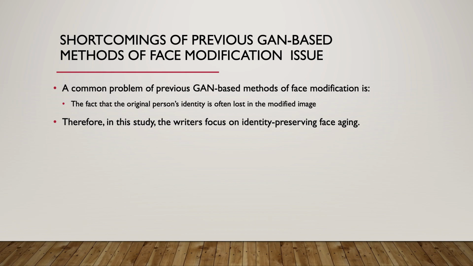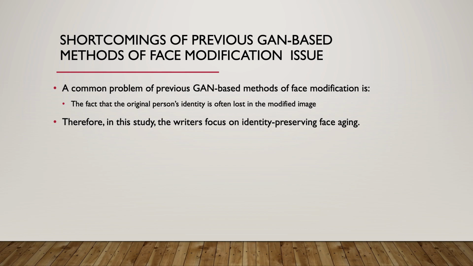Okay, so people have tried to use GANs for face aging. Some of the shortcomings of previous GAN-based methods of face modification are as follows. A common problem of previous GAN-based methods for face modification is that the person's original identity is often lost in the modified image.